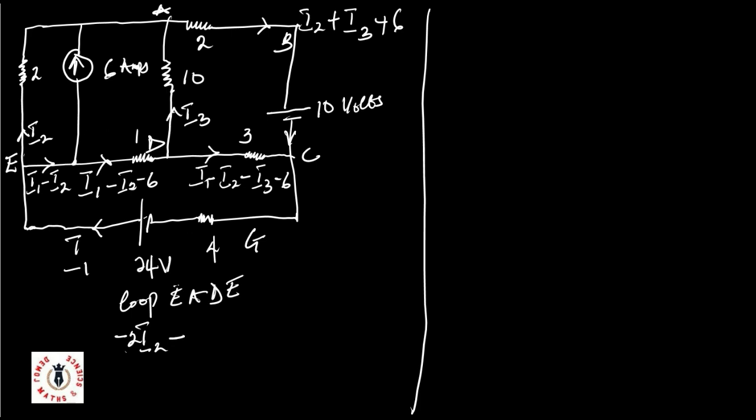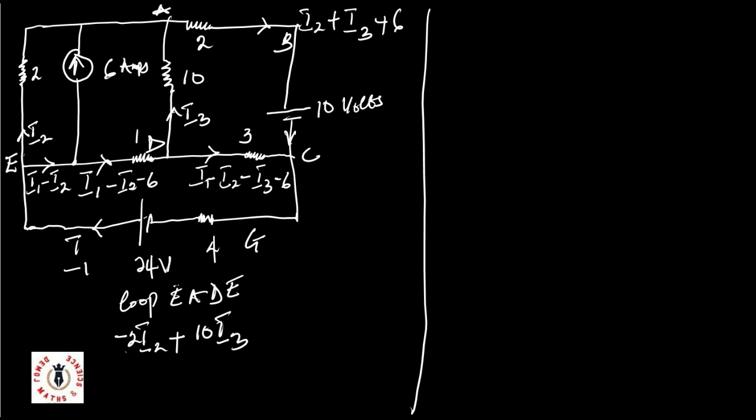Now if you look at this, when I took my minus 2, I was going alongside the same direction with the current, but in I3, I'm going against the current, it becomes plus 10 I3.